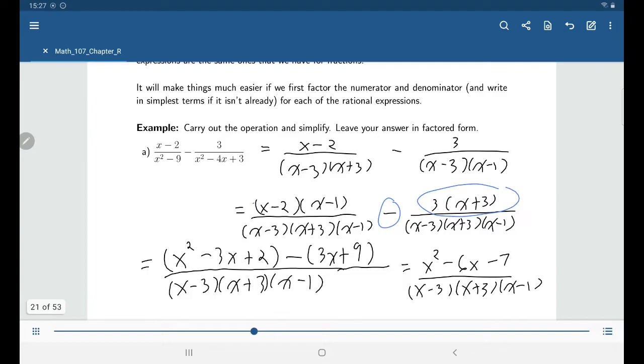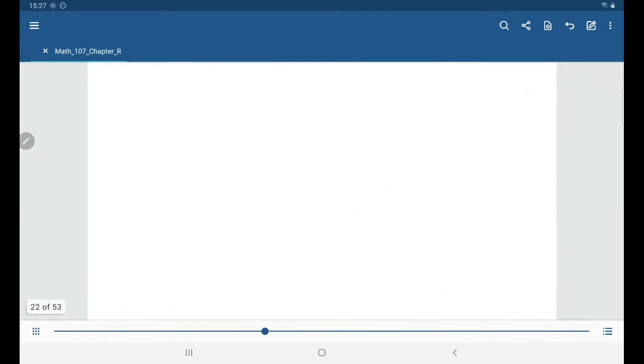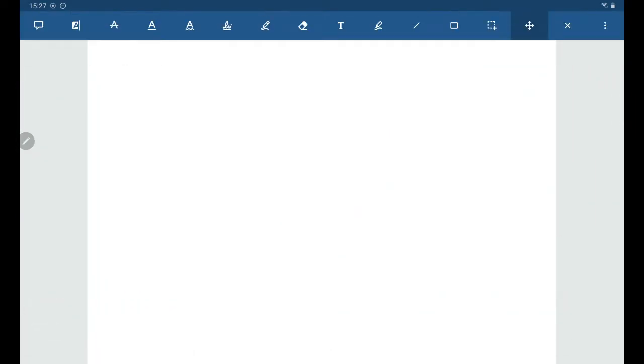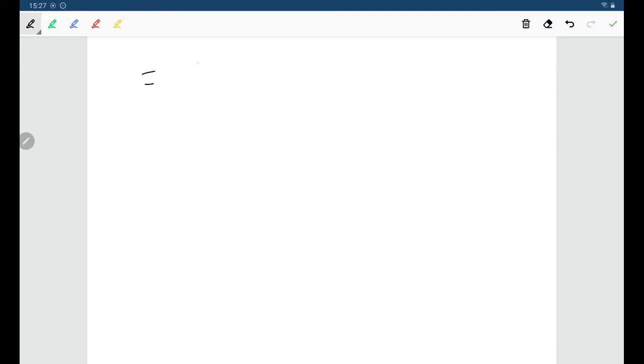And if we're taking a look at that numerator, things that multiply to negative 7 and add up to negative 6, that would be negative 7 and positive 1. So I would say that for the numerator, that factors as x minus 7, x plus 1.